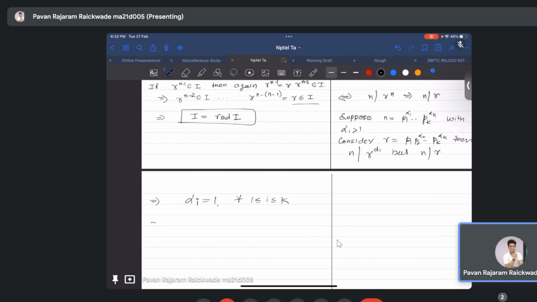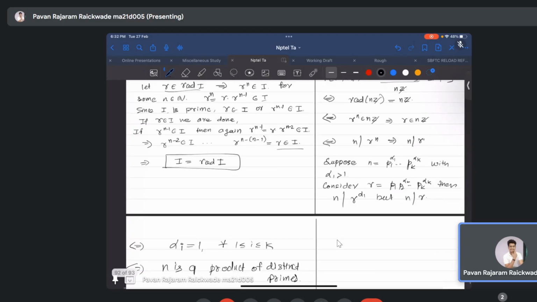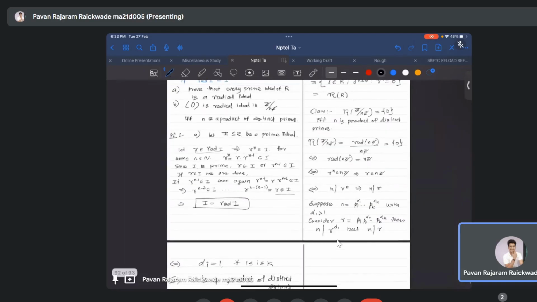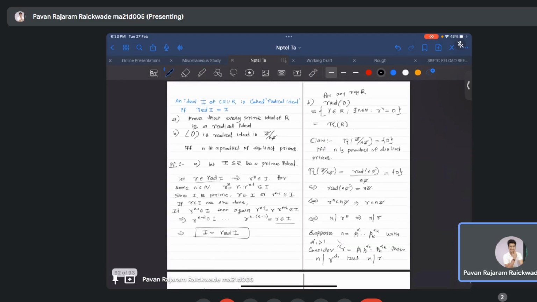Then we have proved that n is a product of distinct primes. Okay, so I have proved that the ideal generated by 0 is a radical ideal in Z quotient nZ if and only if n is a product of distinct primes.